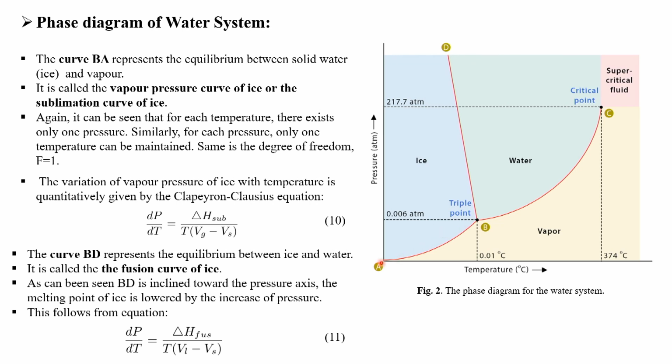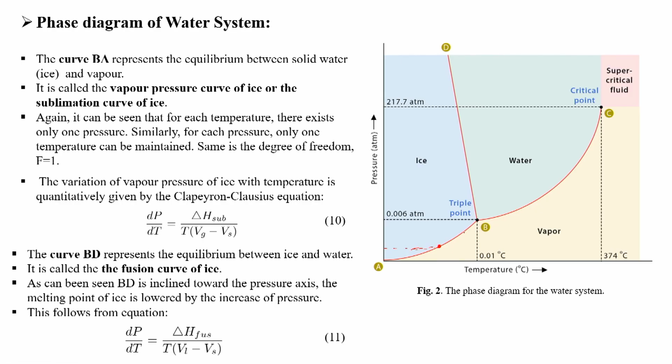Again, it can be seen that for each temperature there exists only one pressure. So if we consider this temperature here, there exists only one pressure. This is the pressure value corresponding to this temperature.